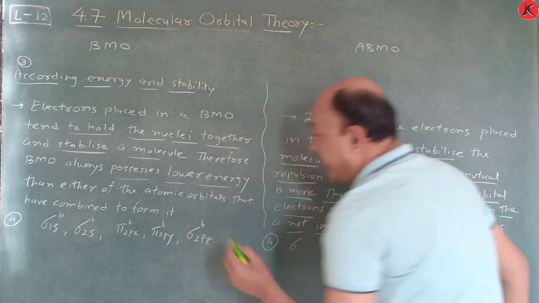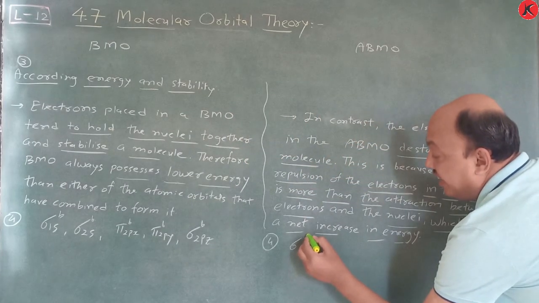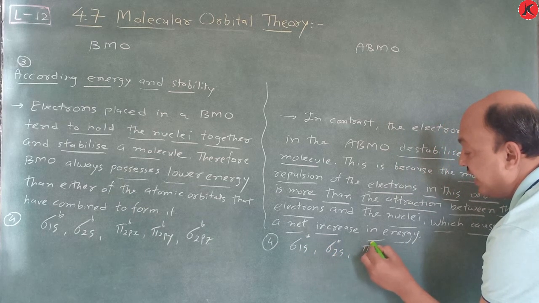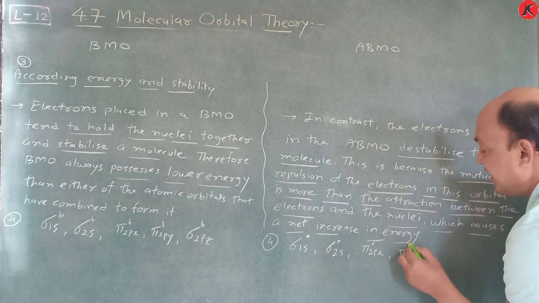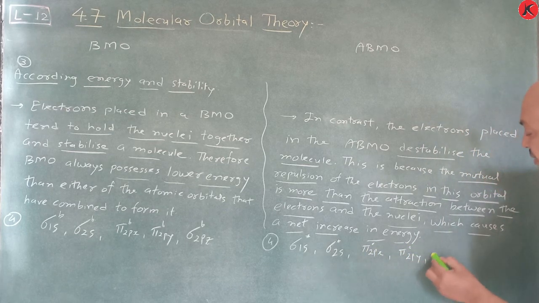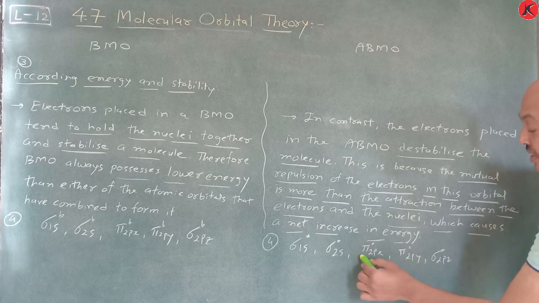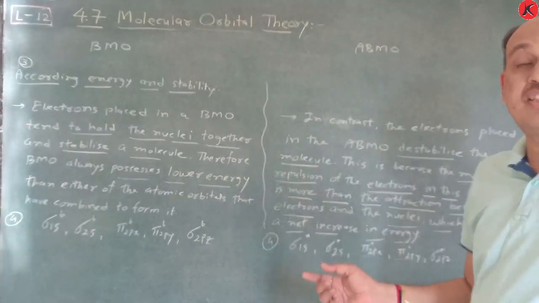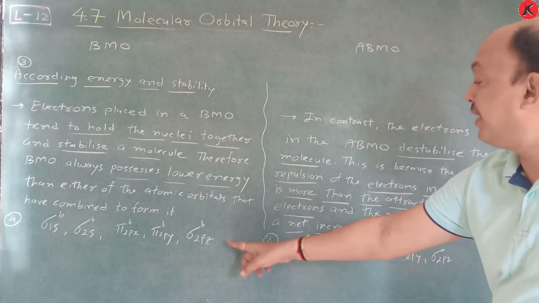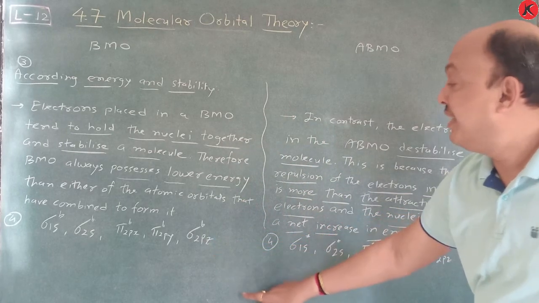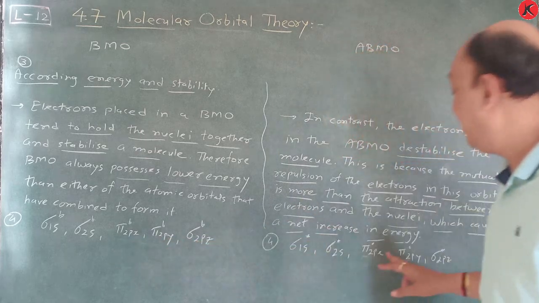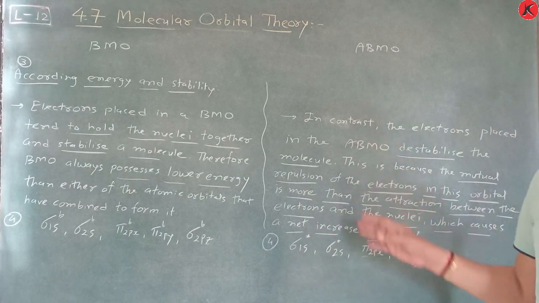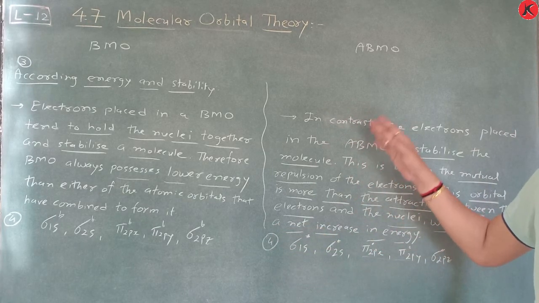And we write sigma star 1s, sigma star 2s, pi star 2px, pi star 2py, and sigma star 2pz. Remember, this energy is the same, because the z axis we also have to consider as the internuclear axis. One axis we suppose with the help of z, and that's why the energy of px and py is the same. That I will explain later on, but just write it completely here. This is the fourth point, and according to that, distinguishing BMO and ABMO is now complete.